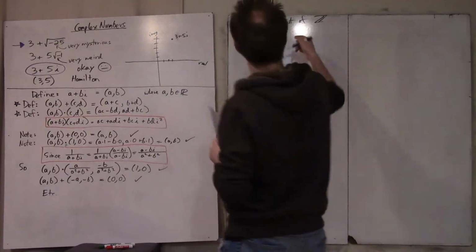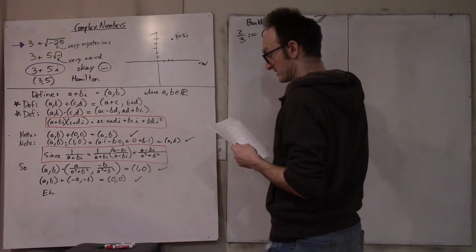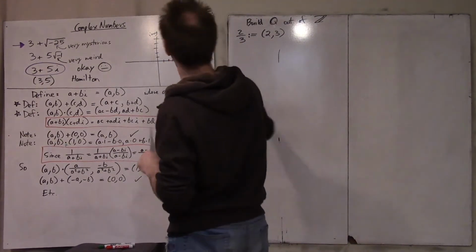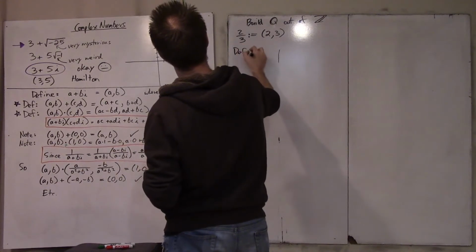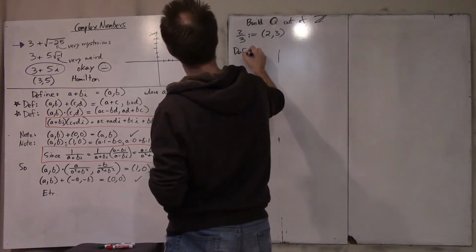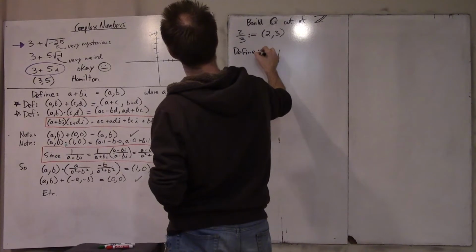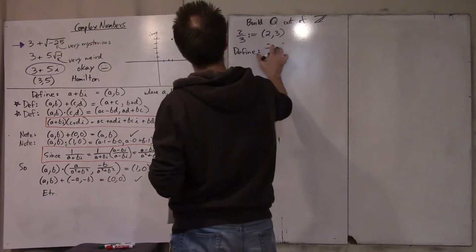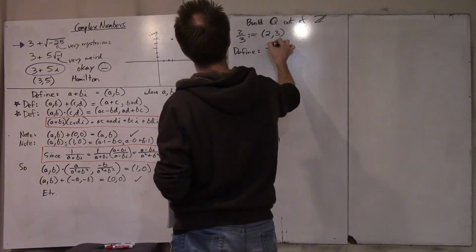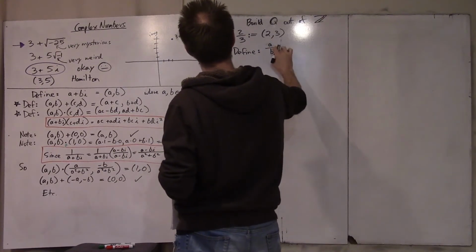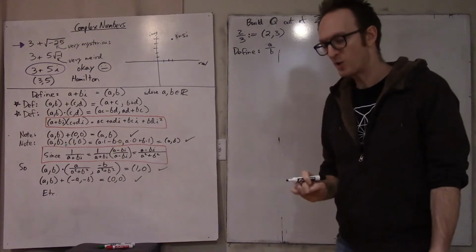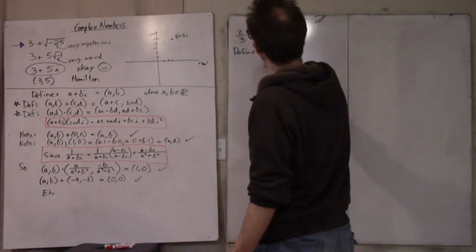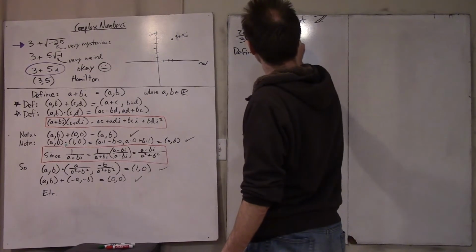So define, or replace, I'm not sure what the correct verb should be. Think of this symbol A divided by B as just shorthand, a nice little notational flourish, for the reality. And the reality is that it's just an ordered pair.